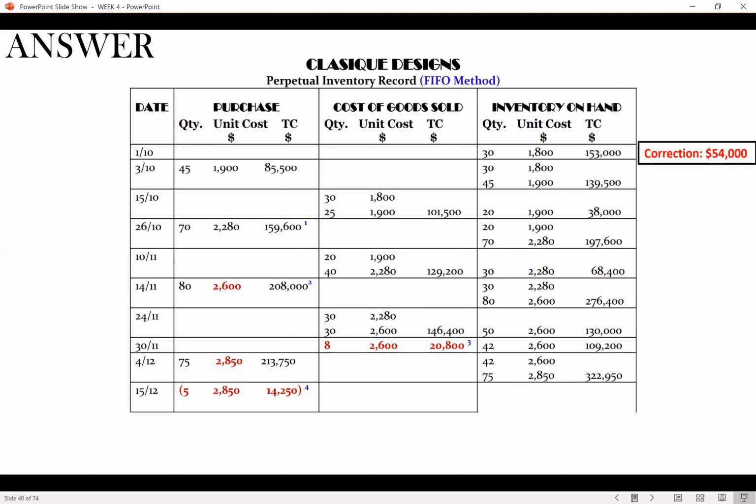Then we go to our inventory on hand. We're keeping the 42 at 2,600. However, it's no longer 75 at 2,850, but 70 at 2,850, and we have our total cost there.